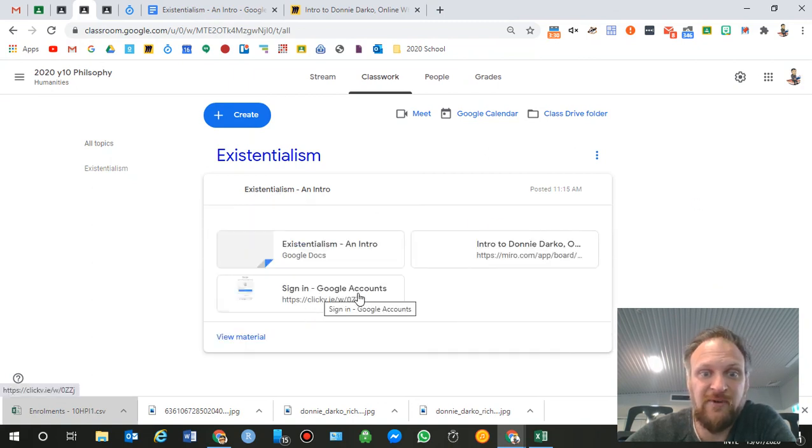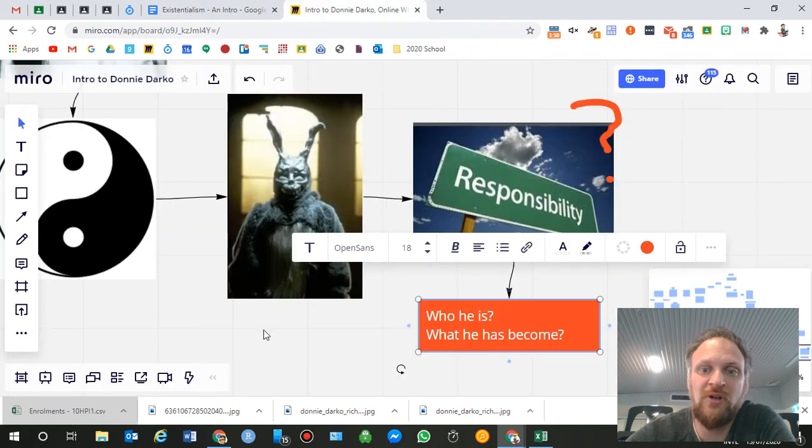I've put up a link here to the click-view version of Donnie Darko, the movie. It's pretty low quality, since it was recorded from television, but you can use it if you don't get a chance to watch it on a streaming service. I want you to watch the film, and that's all I want you to do. We'll have a chance to come back and talk about it, and we'll use it as material for discussing some of Sartre's philosophy.